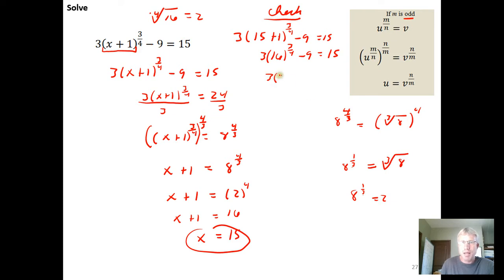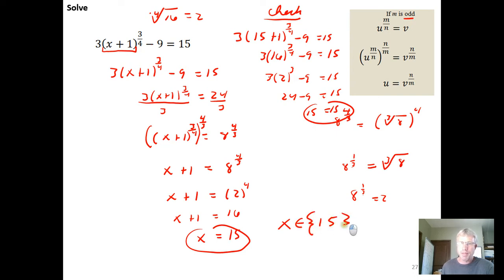So we get 3 times 2, and then I need to raise it to the numerator, which is 3, to the third power, minus 9, and that needs to equal 15. 2 to the third power is 8. 8 times 3 is 24. And 24 minus 9 is 15. So we generated an identity, which tells us that 15 was indeed a solution. So the solution set is x is an element of the set that contains the number 15.